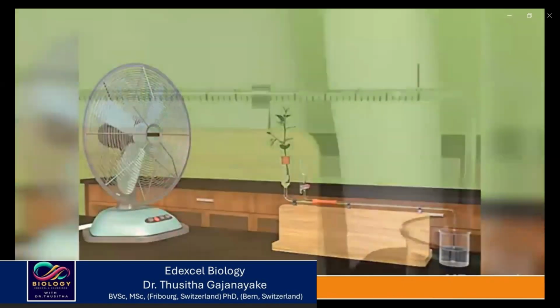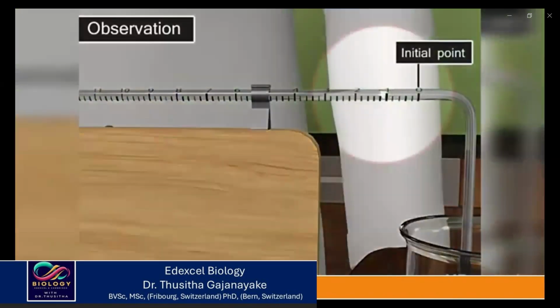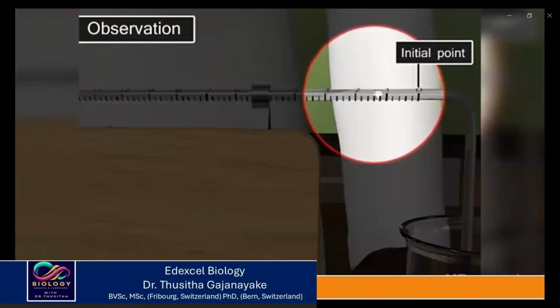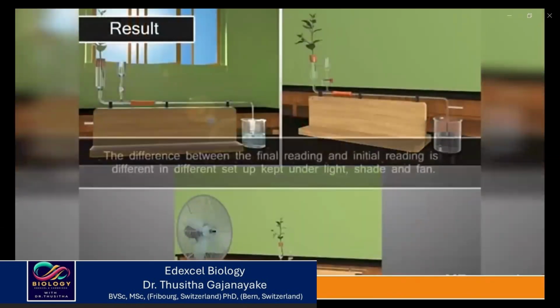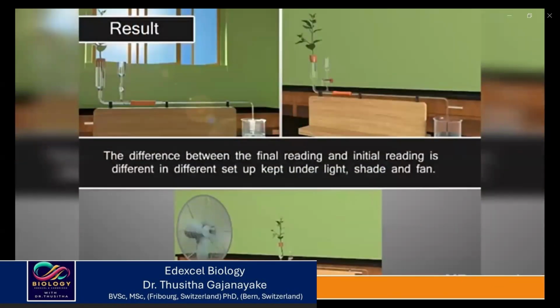That's for the wind. Now you see the bubble is moving through the capillary tube. The final reading minus the initial reading is the distance traveled by the bubble.